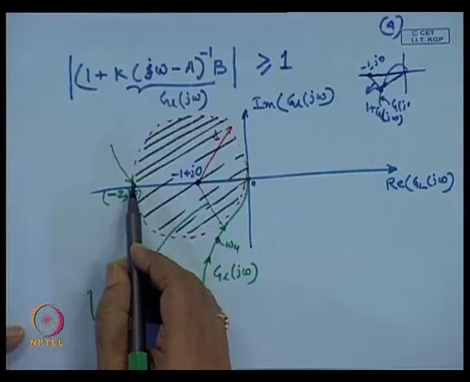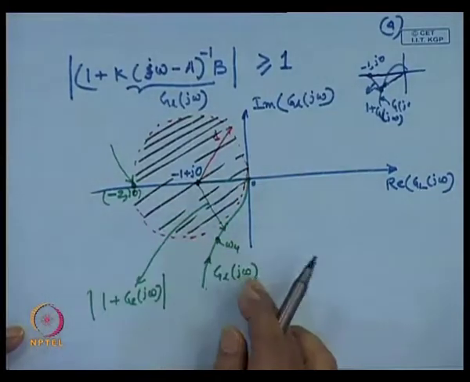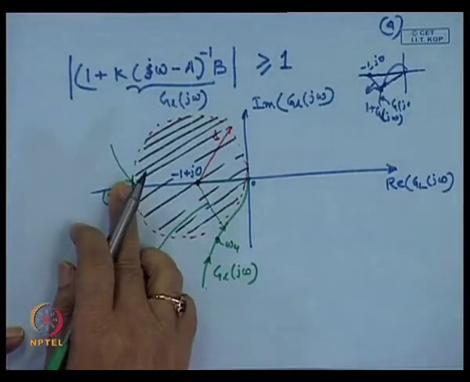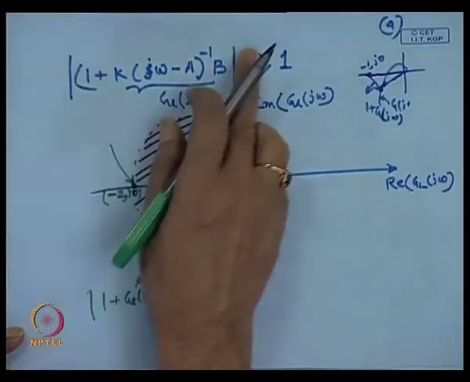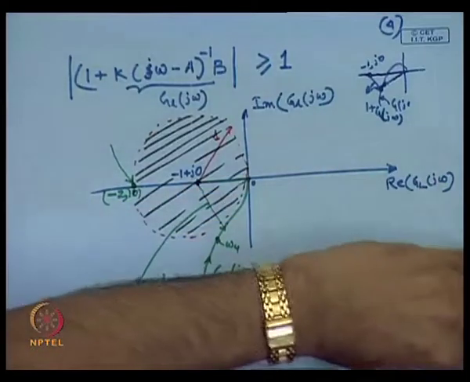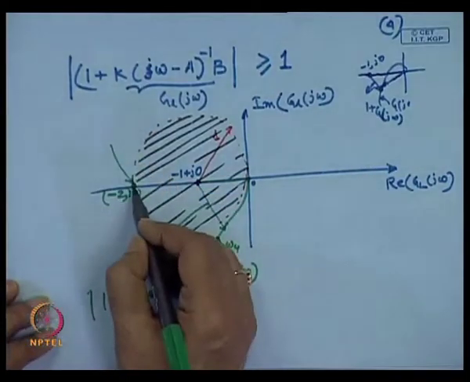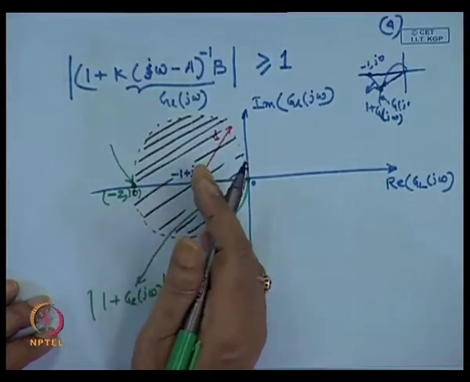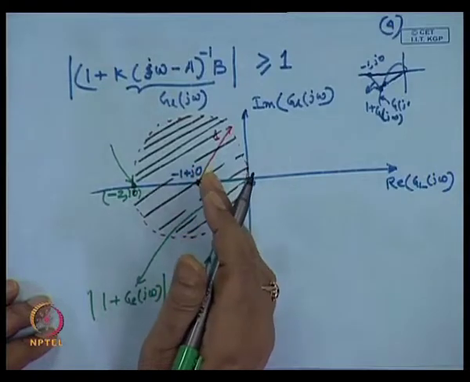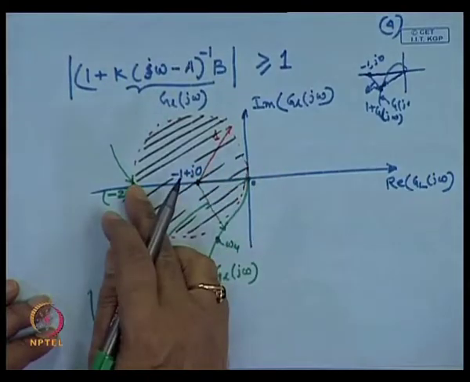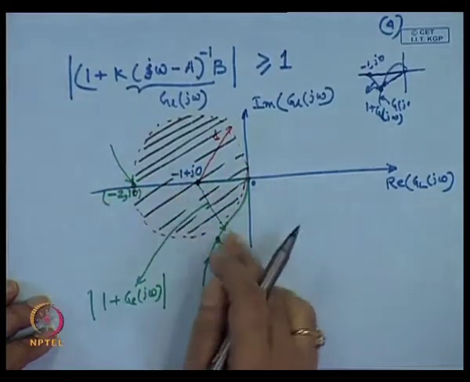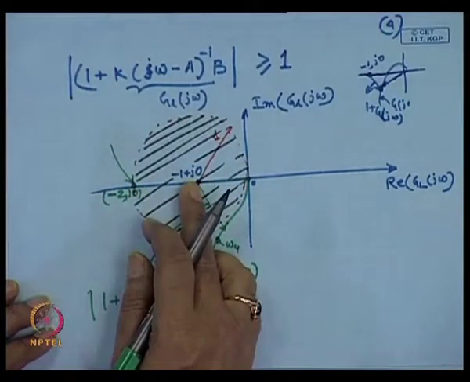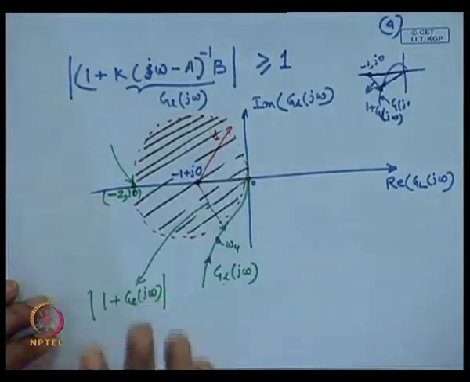So, if the polar plot of the loop transfer function is touching here but not entering, it cannot enter because it is based on the LQR design problem. Then we can decrease the present gain by a factor of half, so that the Nyquist plot will just touch the minus 1 point, and till then the system is stable.